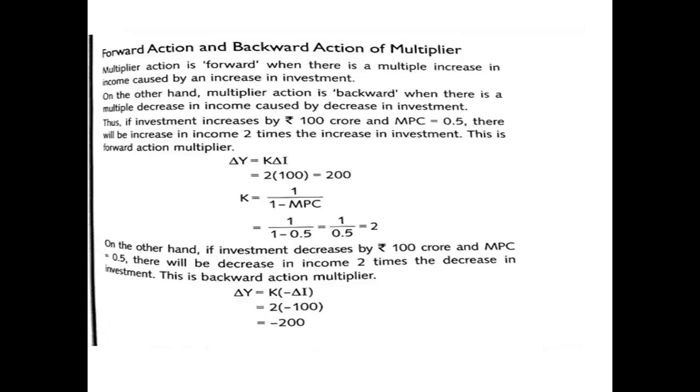If investment increases by 100 crore, MPC 0.5, then multiplier is 2. Income will be increased by 2 times. This is the forward action of multiplier. On the other hand, if investment decreases by 100 crore, MPC 0.5, there will be decrease in income 2 times the decrease in investment. This shows the backward action of multiplier. Thank you.